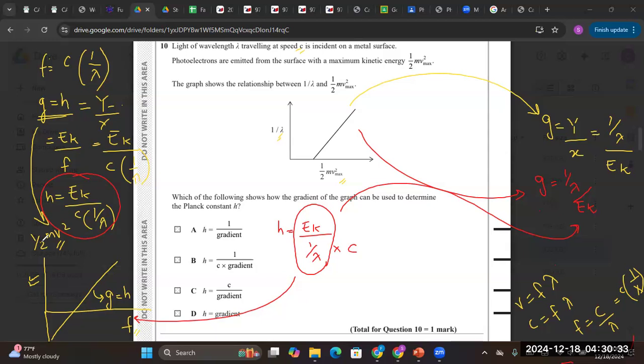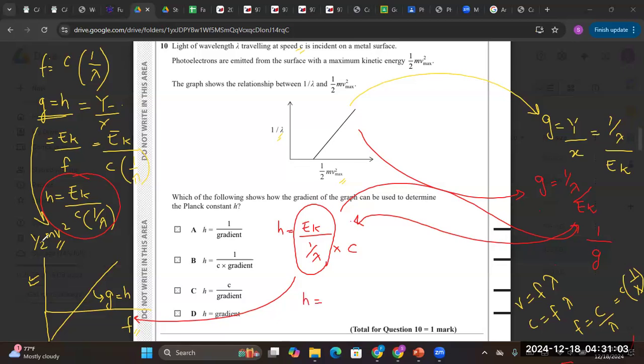So if I want to convert 1 upon lambda divided by kinetic energy into this, because we want to find the value for Planck constant, I will have to do the reciprocal of the gradient, right? This kinetic energy divided by 1 upon lambda is 1 upon gradient, because they're both opposites of each other. So if I do 1 upon gradient, I will get the same thing, kinetic energy divided by 1 upon lambda.